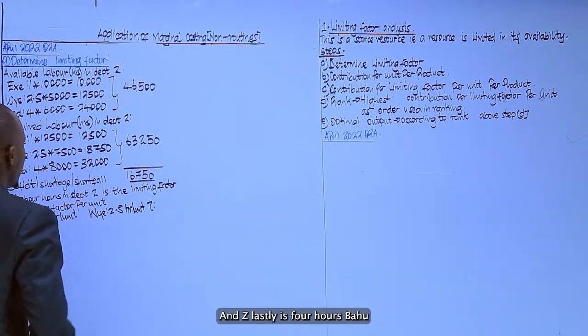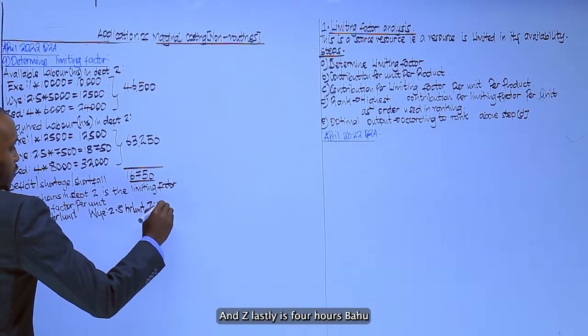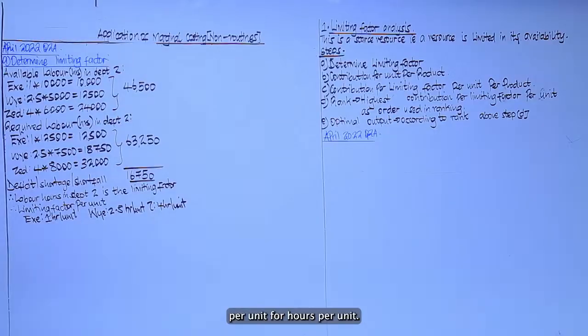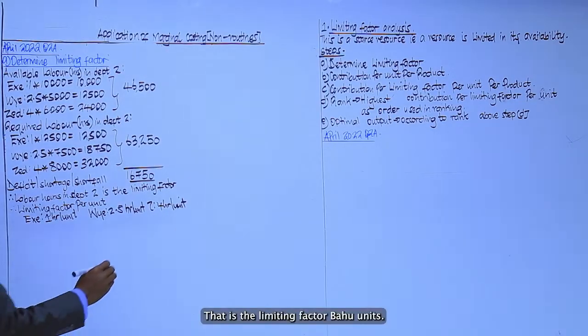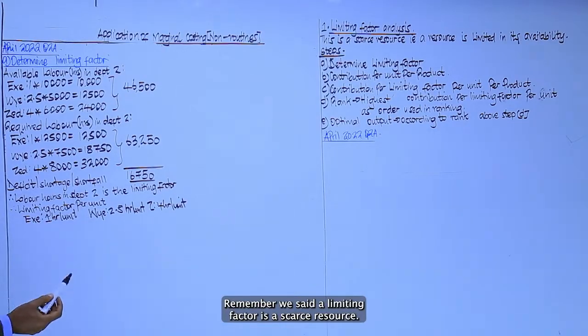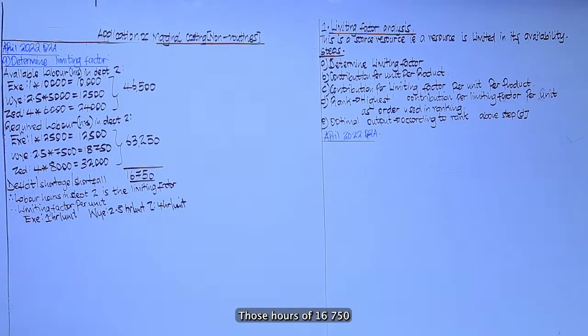And Z, lastly, is 4 hours per unit. That is the limiting factor per unit. And that is also how you determine your limiting factor. Remember, we said a limiting factor is a scarce resource. Those hours of 16,750 represent the scarce hours you don't have.